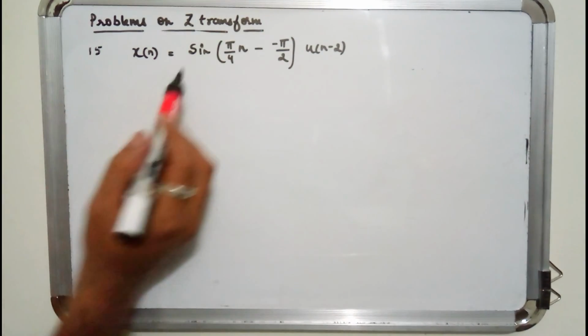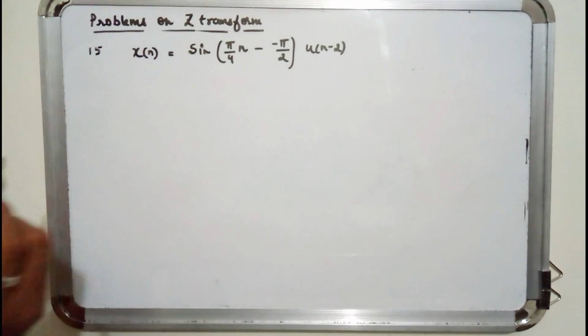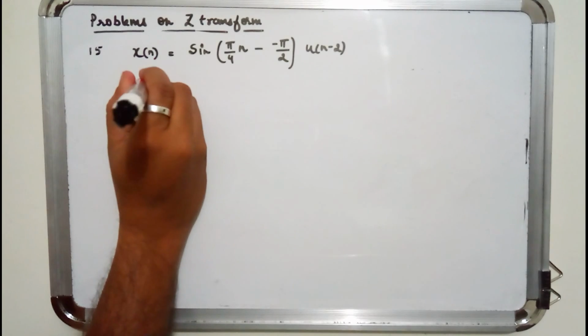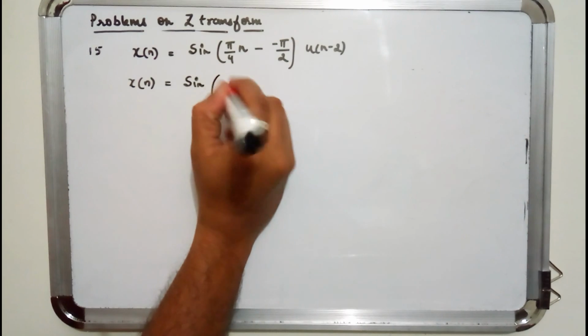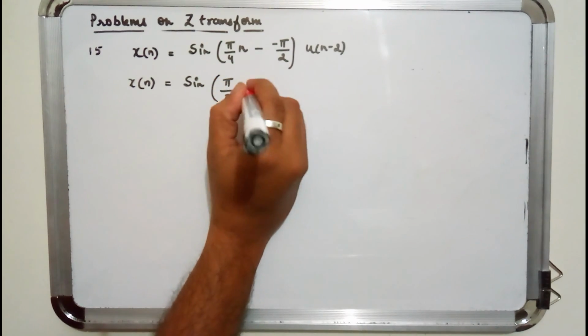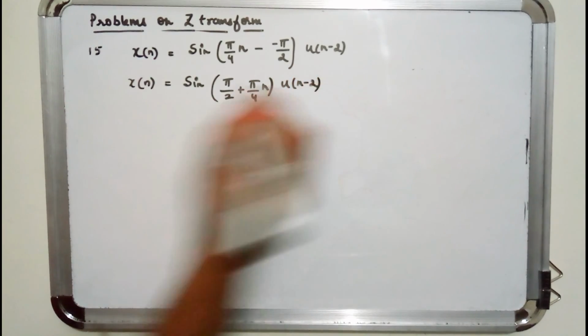Now in this problem, x(n) is given to be sin(pi/4 n minus pi/2) into u(n minus 2). So this can be simplified as x(n) is equal to sin, minus of minus is plus, so (pi/2 plus pi/4 n) u(n minus 2).